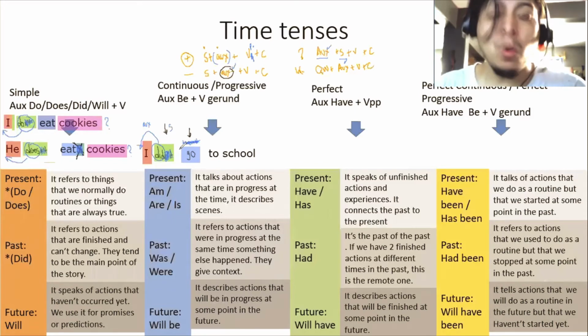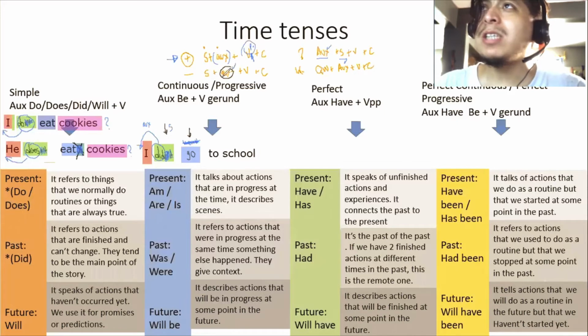You don't say goed or anything like that, you say went. So we need to remember the irregular verbs in the past only for this. This is the only one that needs verbs in the past. The rest of them, they have the auxiliary, so they never use the verb in the past.